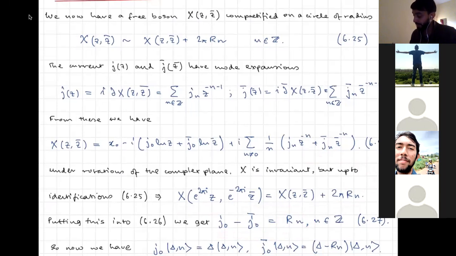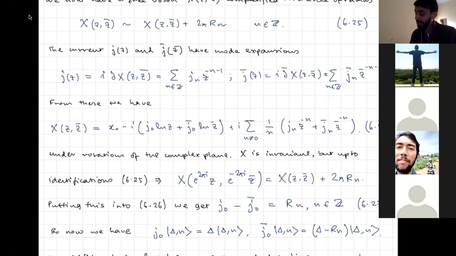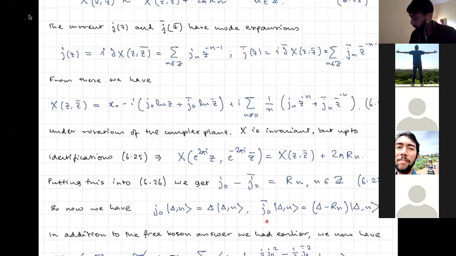J naught minus j naught bar is R into n, means that if you are looking at the states which are labeled by j naught, j naught acting on this state delta n gives you delta into delta n. J naught bar will not act in the same way. J naught bar will have to shift this by this Rn. Okay. So that's what would happen.